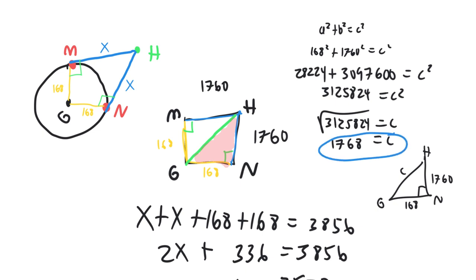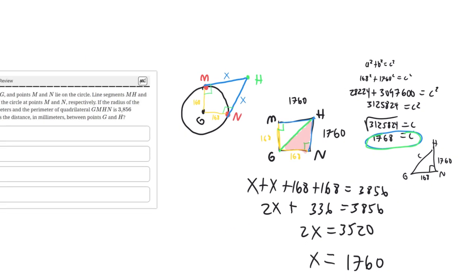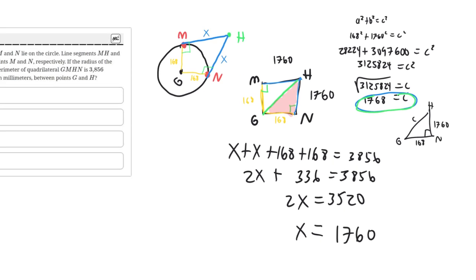So that is this distance, because this distance is the hypotenuse of the red triangle, and we just found it. Let's note that is what they were asking for. They wanted the distance between G and H. We just found it: 1768. I do not know of a better way of going through that.